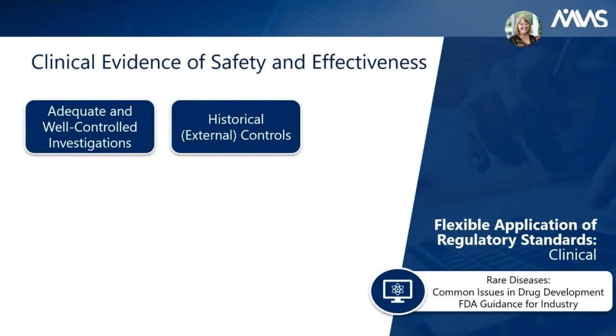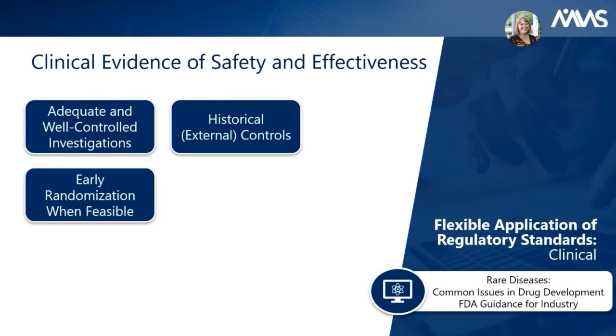So next we'll talk about early randomization. Typically, the agency encourages sponsors to consider randomized controlled trials, despite their difficulty in some cases. They recommend innovative trial designs to allow for randomization even in these earliest phases of clinical development to ensure that each patient's contribution is interpretable.